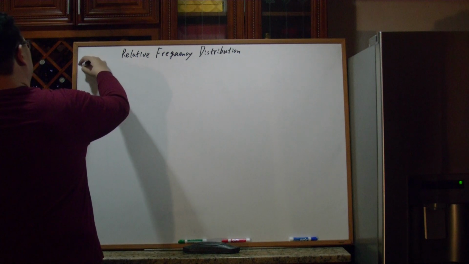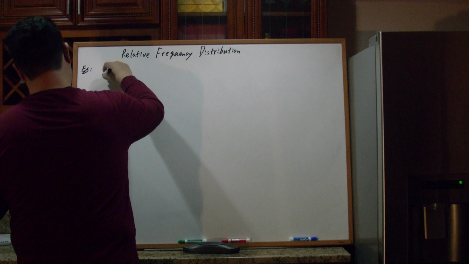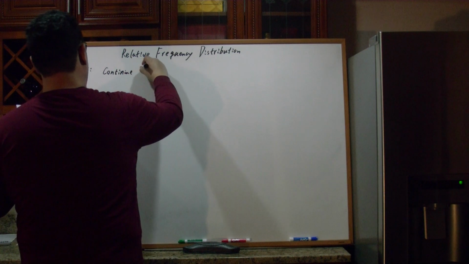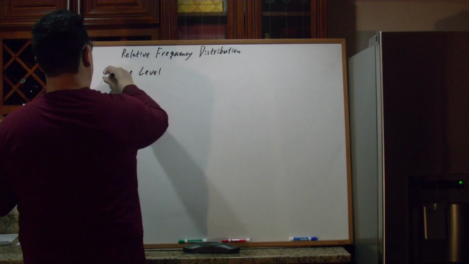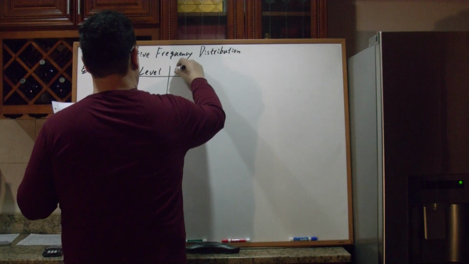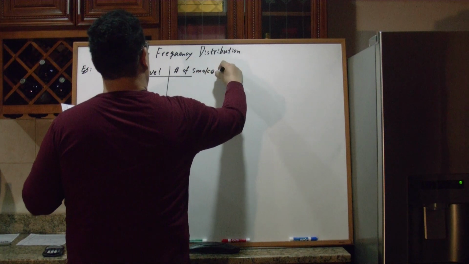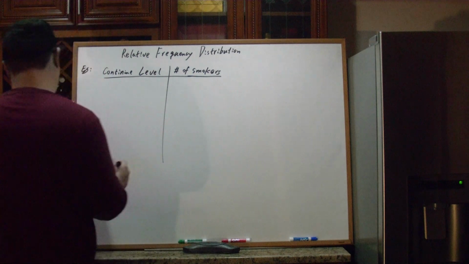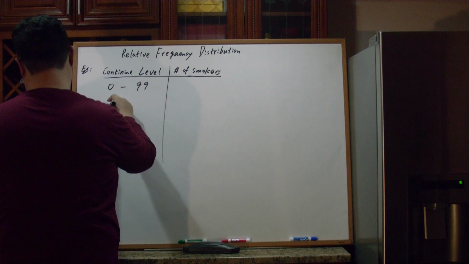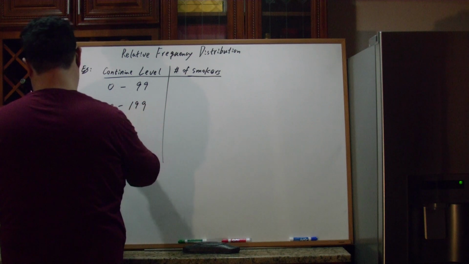For example, let me try an example with cigarette continuation level, where in the range of continuation levels we have the number of smokers.